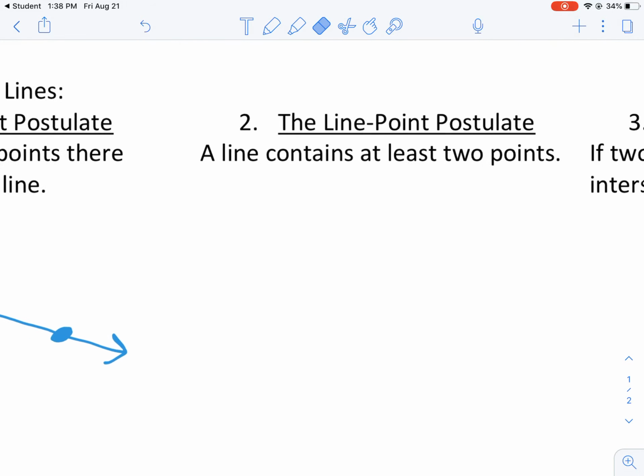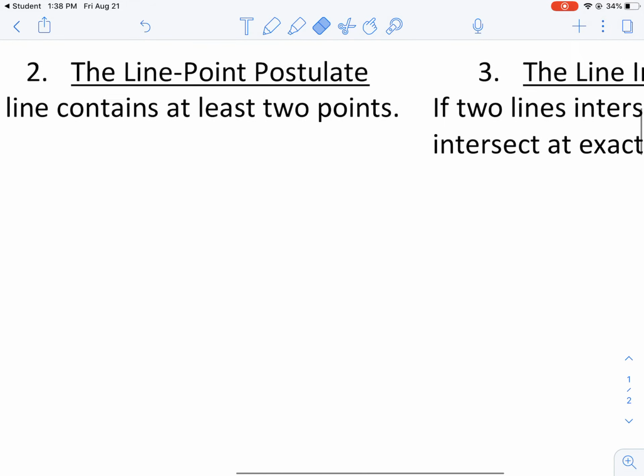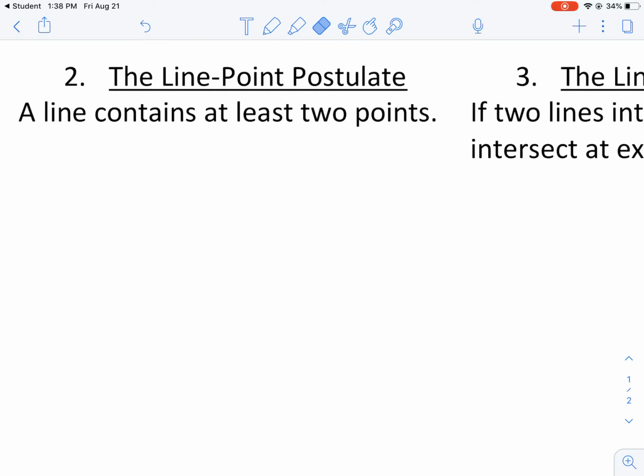That's important to know. The next one, a line contains at least 2 points. This one hopefully is common sense, right? That's why it's a postulate. Don't necessarily have to prove this. Let's think about this for a second. Why is this true? All right, let's say we have 1 point. Can that be a line?